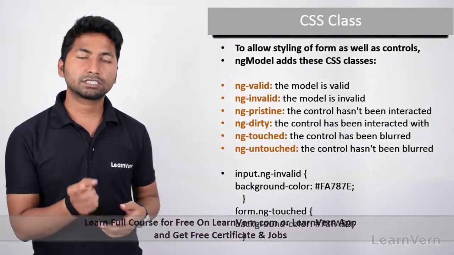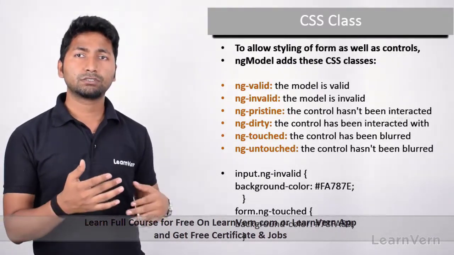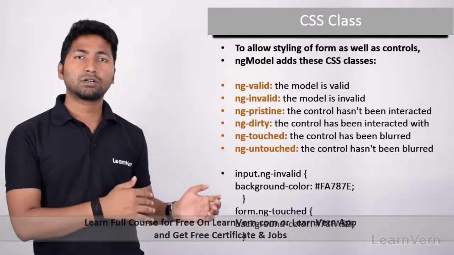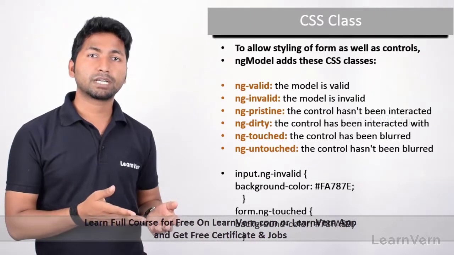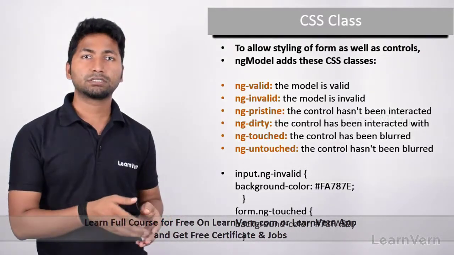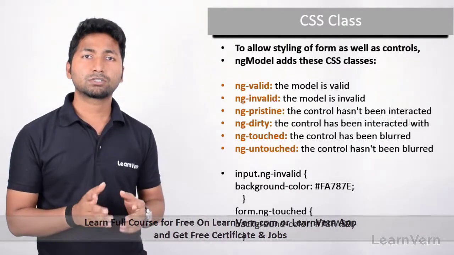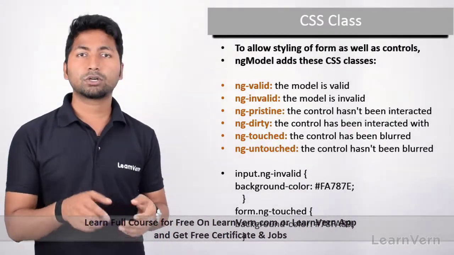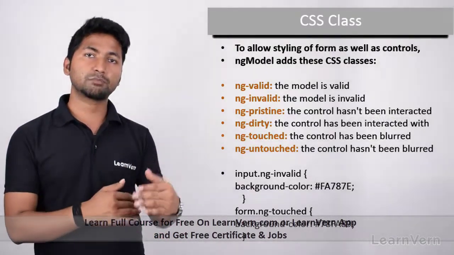Whenever touched happens, I will set some styles, and that will occur only on that particular state. That is done like form.$pristine, $touched, $untouched, or input.$pristine, $dirty, and then my styles which I am providing.